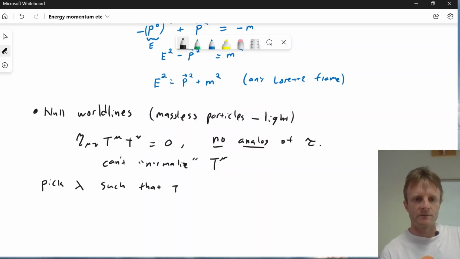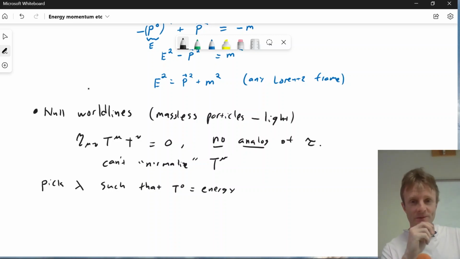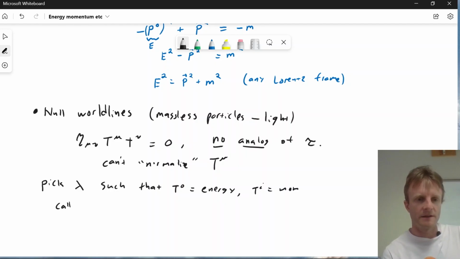Let's write it this way, such that T0 is energy. So you probably need h bars to relate that to frequency in a classical solution. Ti equals momentum. And when you do this, we call it p mu again.